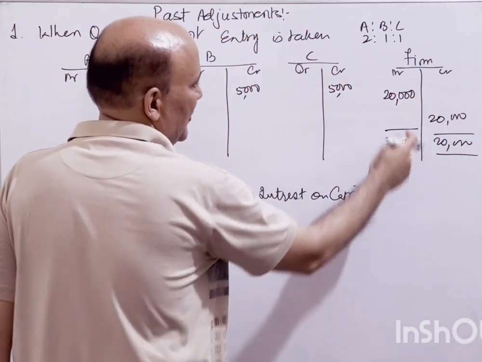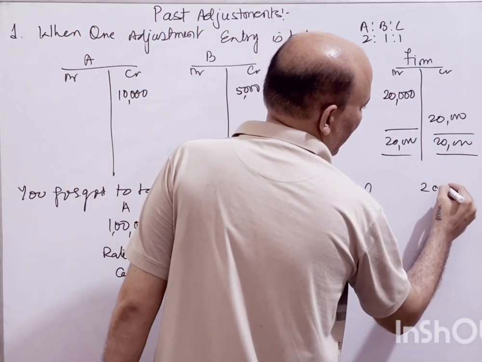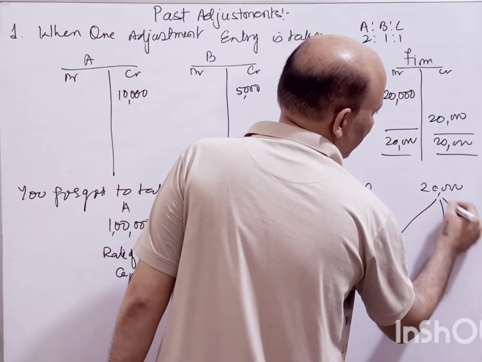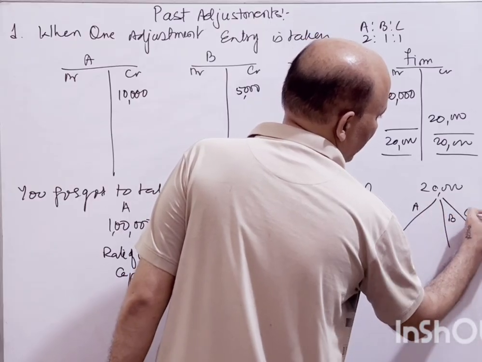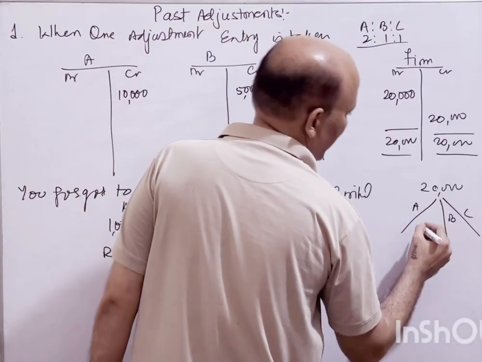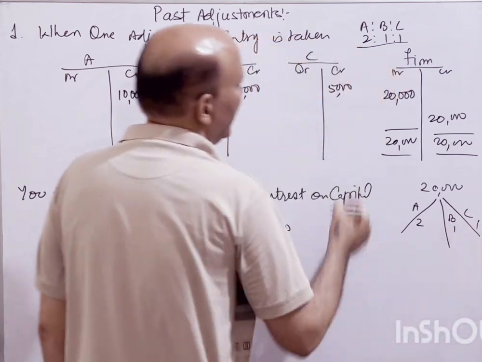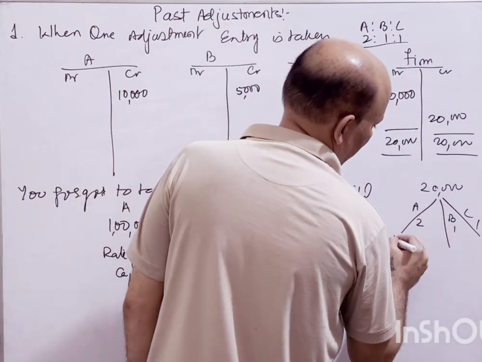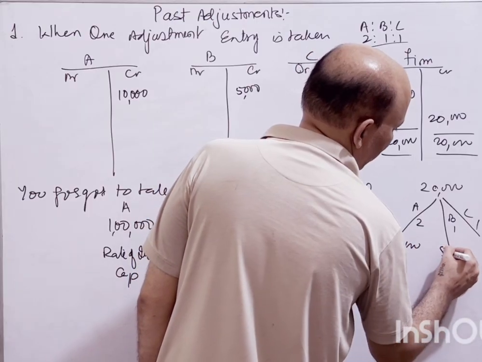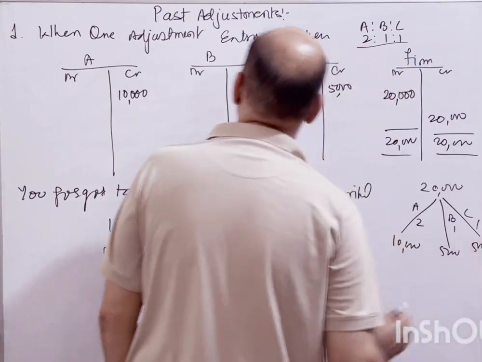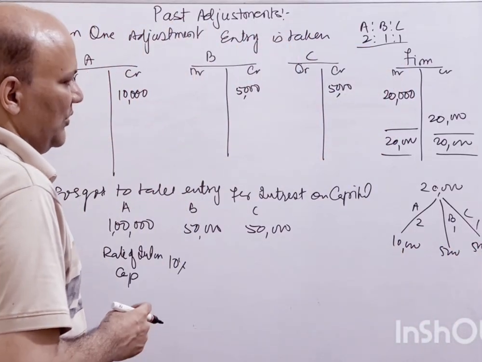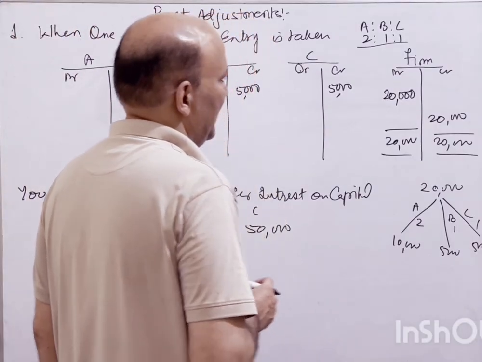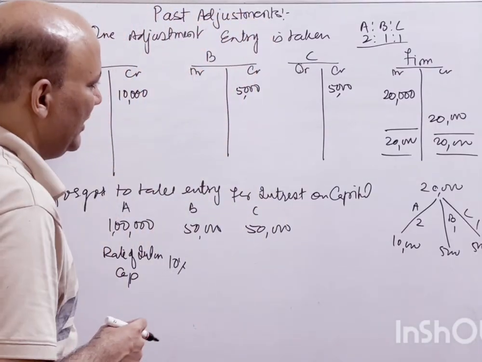Now this 20,000 will be adjusted in A, B, C in the profit sharing ratio 2:1:1. That is 20,000, 2 and 1 is 3 and 1 is 4, 5,000 each, 10,000, 5,000 and 5,000, right? So no entry will be there. If I do it this way, there will be no entry of 10,000, okay?